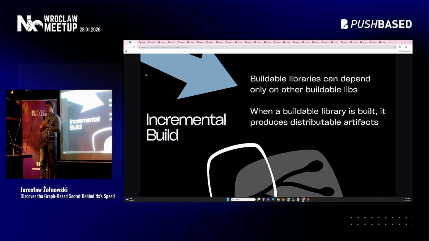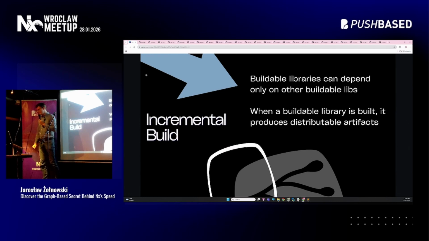And here's the golden rule. Buildable libraries can depend only on other buildable libraries, which makes sense because if we have some dependency that does not have any build target, we don't have anything to build, so it's not treated as a task dependency, it's treated more as a project dependency.